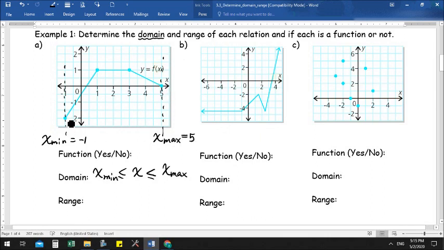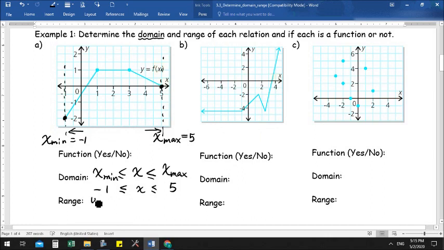So the valid x values are between -1 and 5. We write it this way: -1 less than or equal to x less than or equal to 5. When you have a solid dot, it means we write the equal sign there. So that is for your x value.